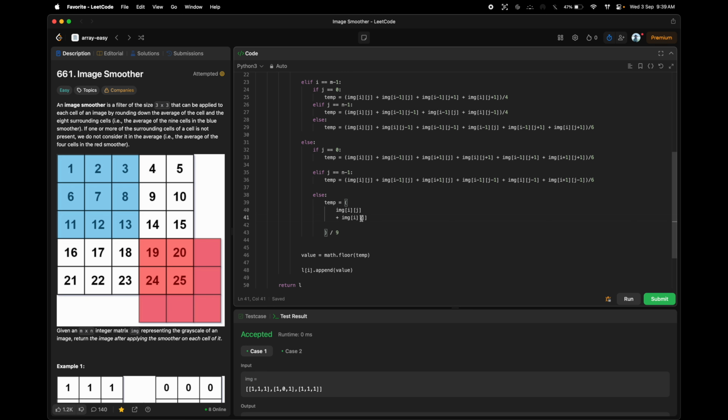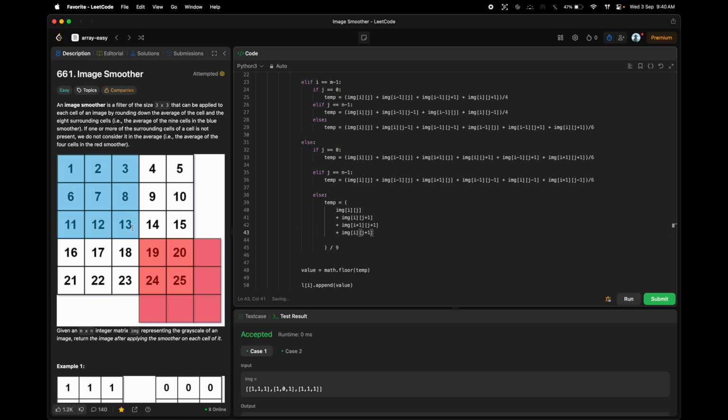Okay, so j plus 1. This is simple. Bottom would be I plus 1 and then j plus 1, and then I will remain the same. J will be incremented.